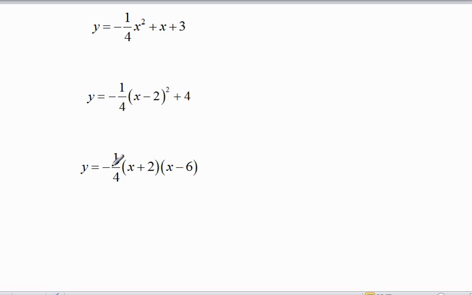Alright, last thing we've got to do, let's take a look at factored form and show that factored form is the same as the general form up here. So I'm going to do the same thing I just did. I'm rewriting it.